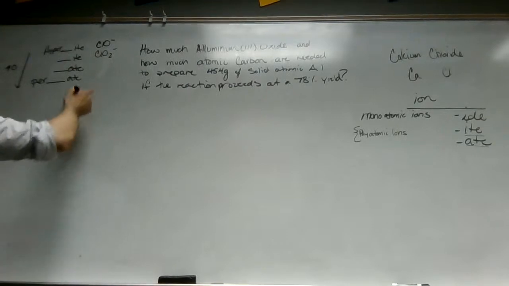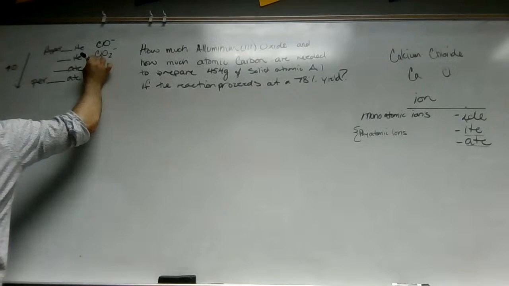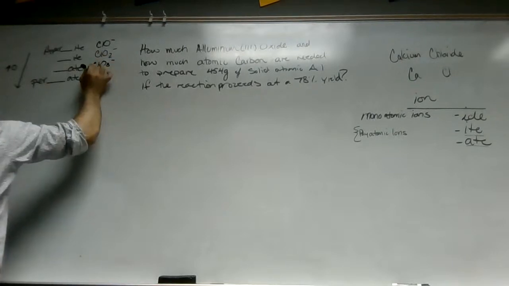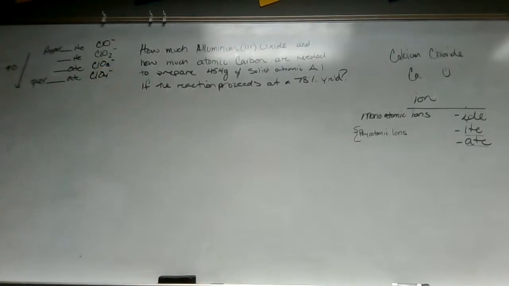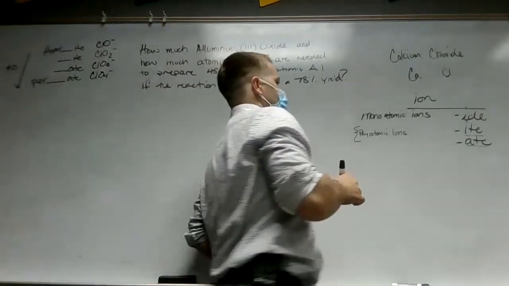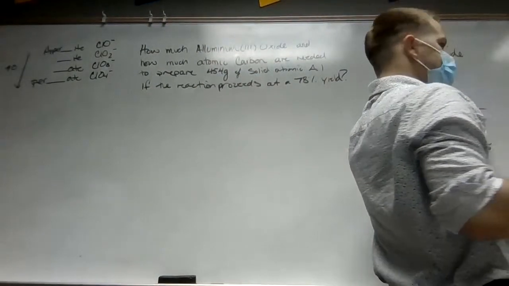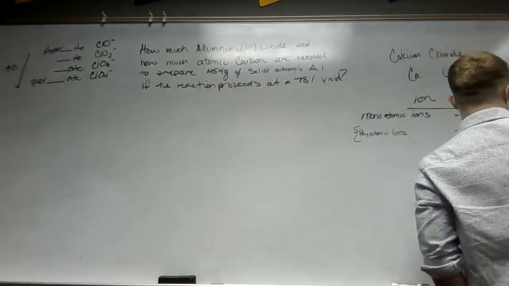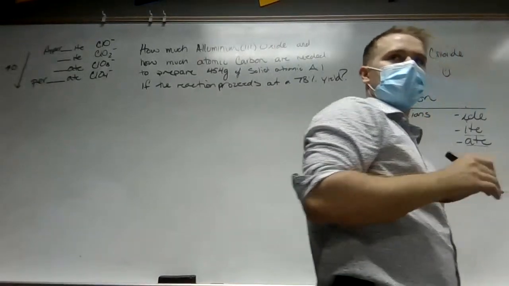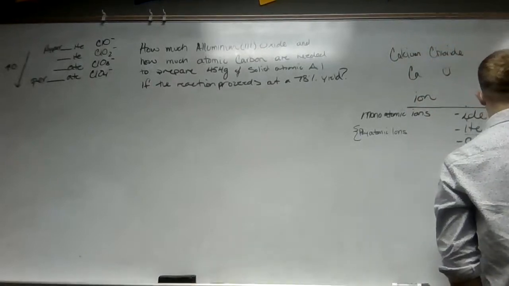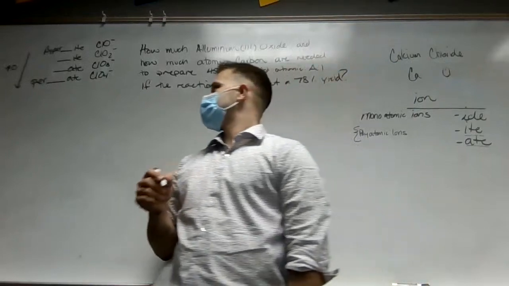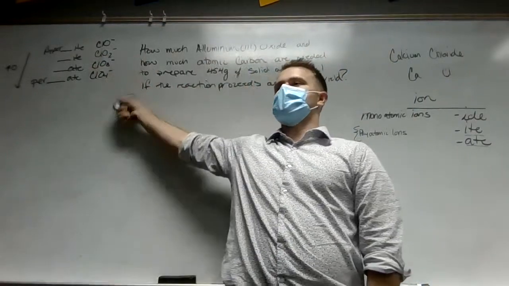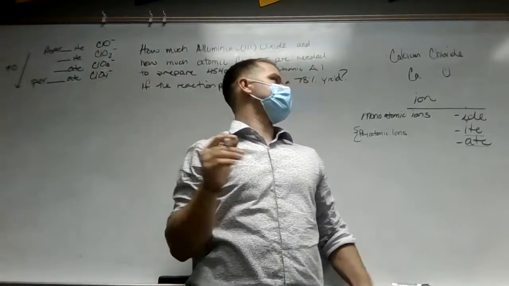Alex, how about chlorate? ClO3 minus. And perchlorate will be ClO4 minus. So chlorite would be ClO2 minus, and chlorate would be ClO3 minus. So those are your differences between your polyatomic ions, prefixes and suffixes.